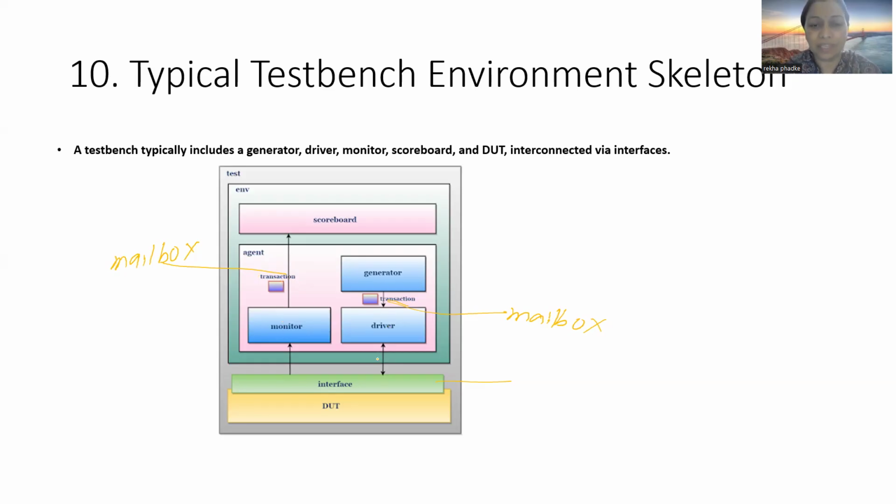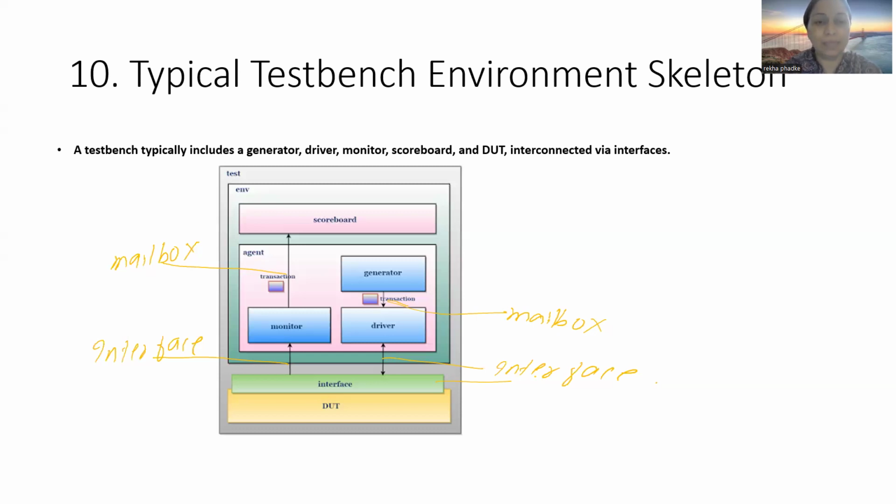And we have interface here, which is between monitor and DUT. This is the interface connection. And we have interface between driver and DUT also. So this is the interface again. This is the test bench environment of a typical System Verilog.